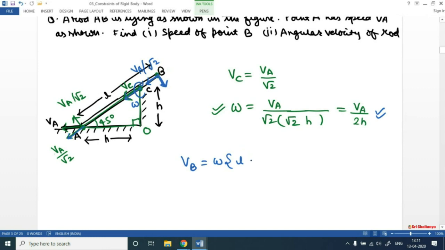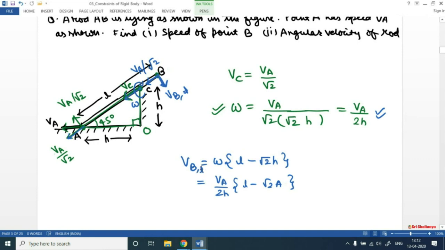So omega into L minus root 2h. And let's now substitute the values. Omega would be nothing but Va by 2h, times L minus root 2h. So this is what you can say is VB tangential.